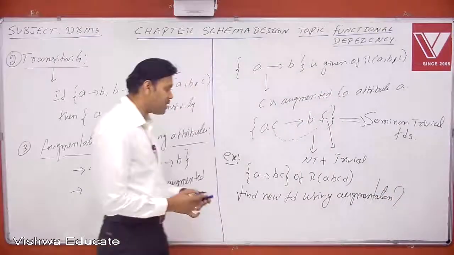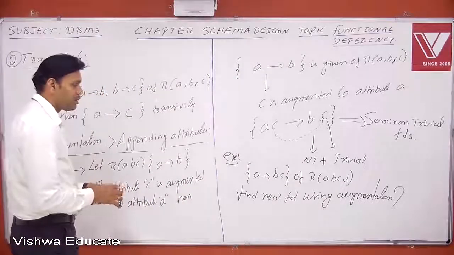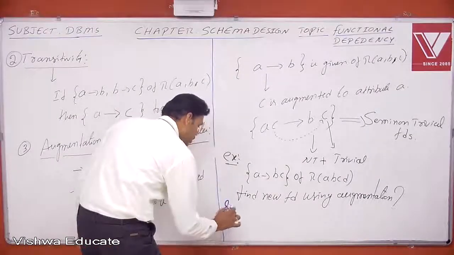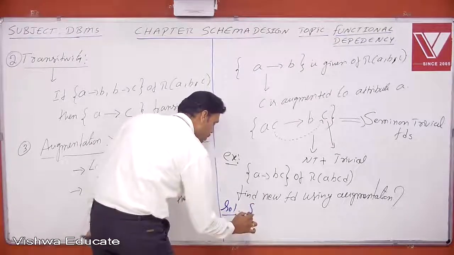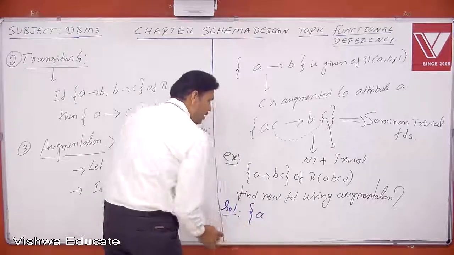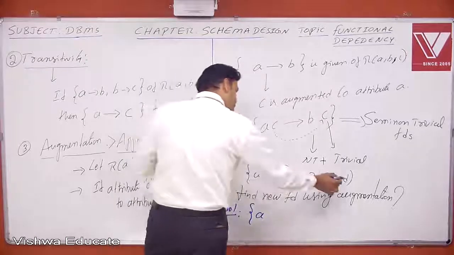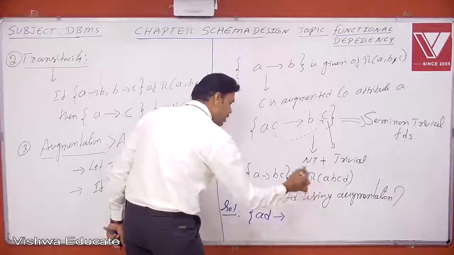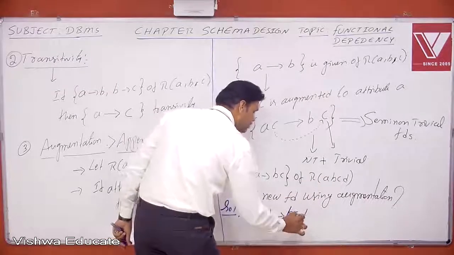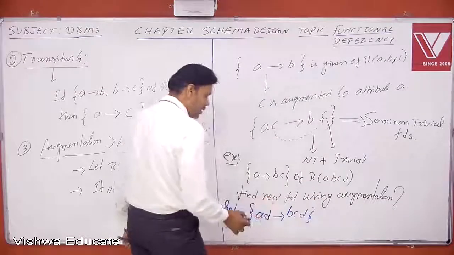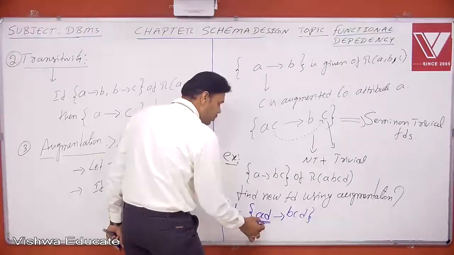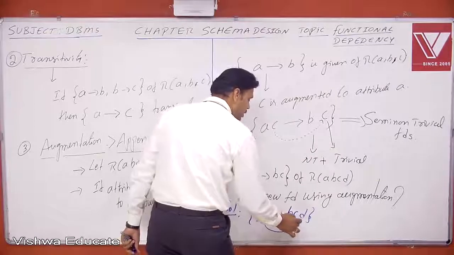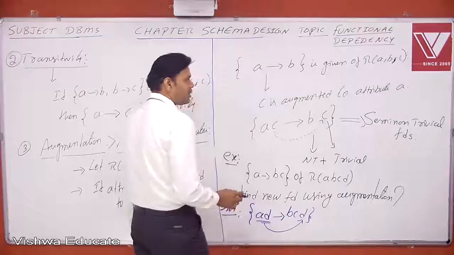So you can get the answer easily. Why? D is not involved in the production derivation. So if I attach D at the left hand side, I can attach D at the right hand side. Now the new production is AD towards BCD. This is the idea.